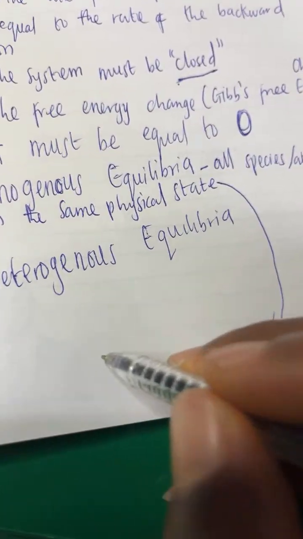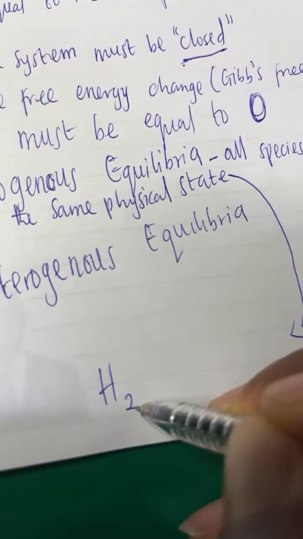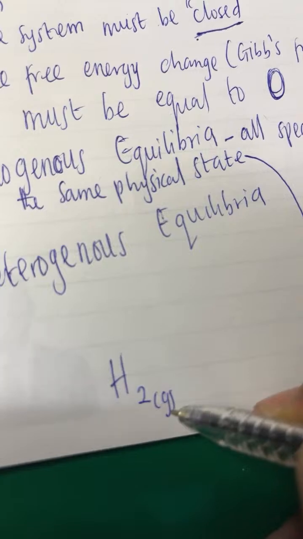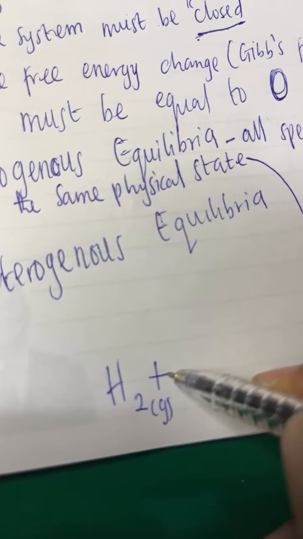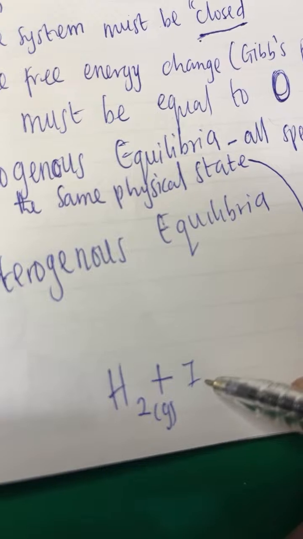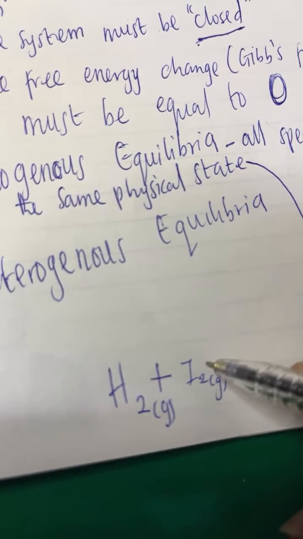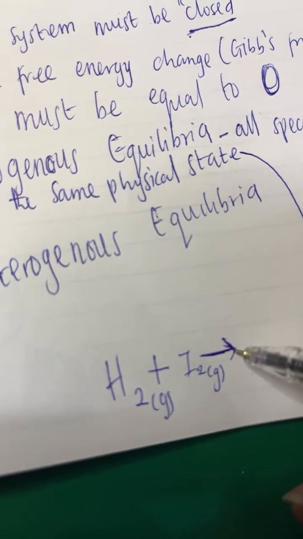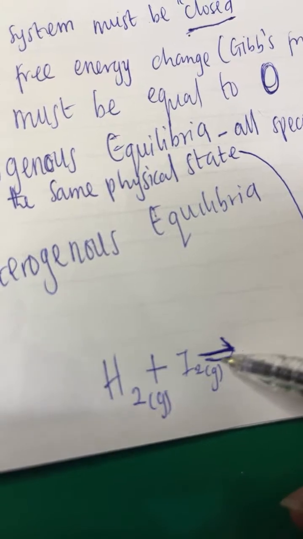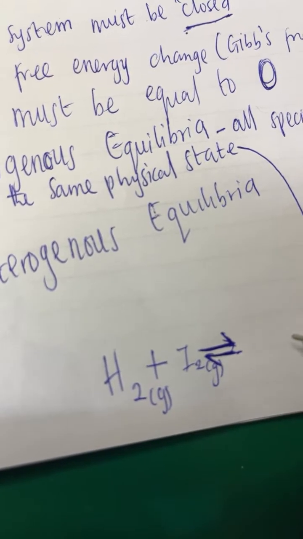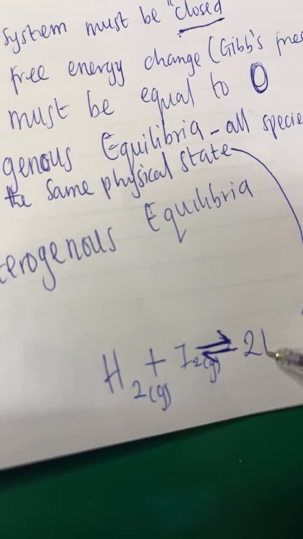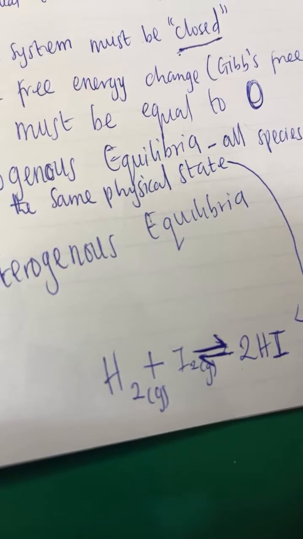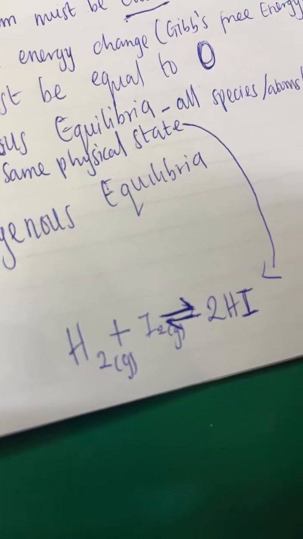An example is when hydrogen gas is reacting with iodine in the form of gas to give, this is a reversible reaction, you remember that a reaction that is in equilibrium is always reversible, don't forget that, 2HI, hydrogen iodide.